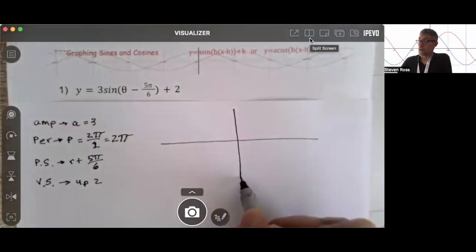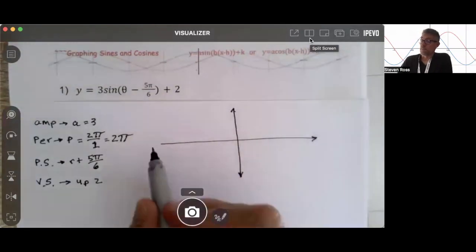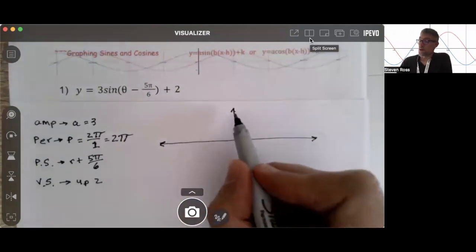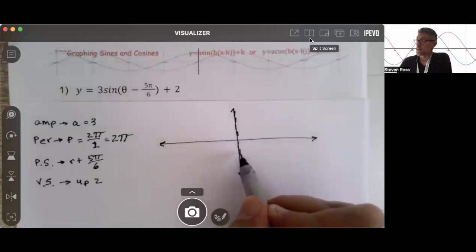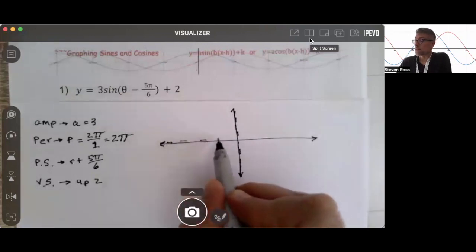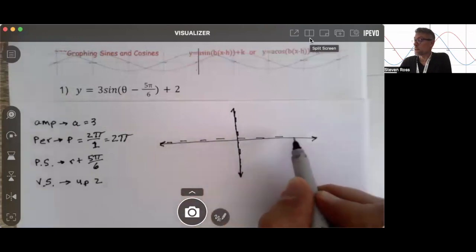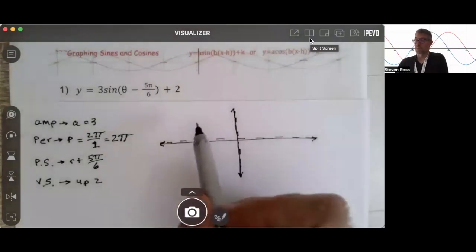So let me go ahead and make some axes. Now, just for starters, these are not actually going to be the x and y axis, but I'll call them the virtual x and y axis, because I'm going to use those transformations to make a virtual y-axis and a virtual x-axis, so to speak.